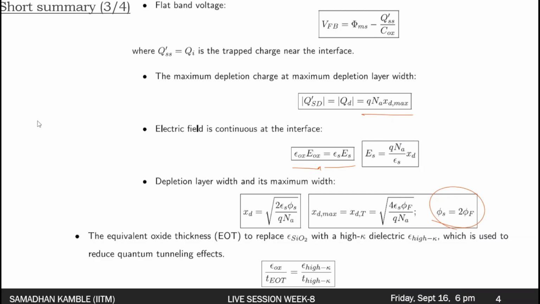We have seen that the capacitance is given by the silicon oxide permittivity over the thickness of the oxide. So when we want to increase the capacitance, we decrease the thickness as much as we can.